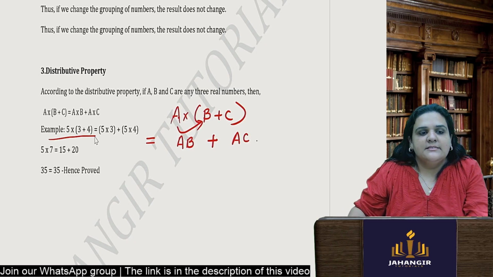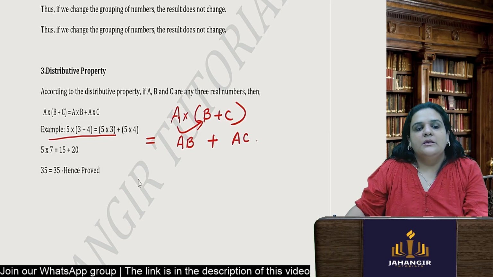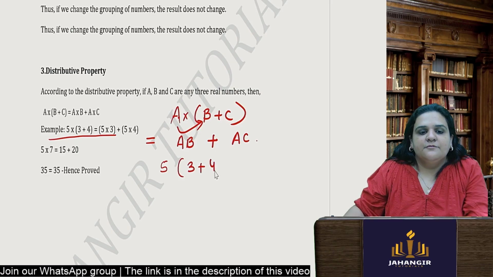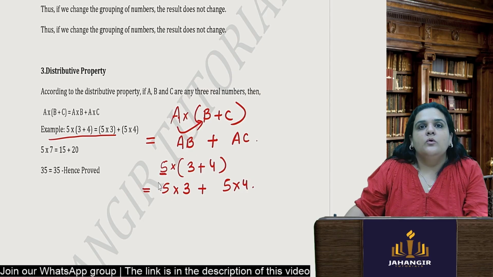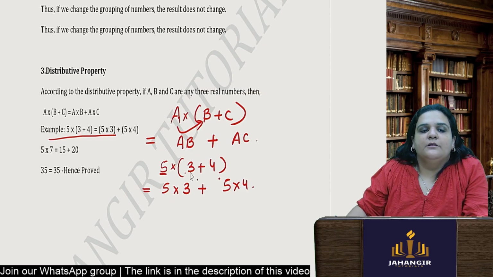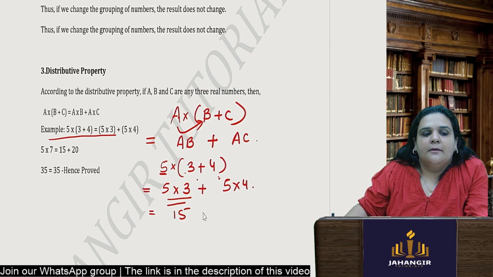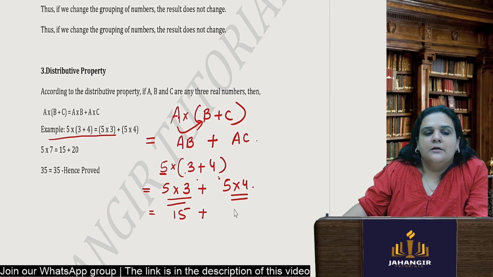So when you see this example, 5 into 3 plus 4, how am I going to solve this? That is nothing but 5 into 3 plus 5 into 4. When I open the brackets, I am going to multiply 5 by each of the real numbers in the bracket. So 5 into 3 is 15, plus 5 into 4 is 20. So this is going to be 35.